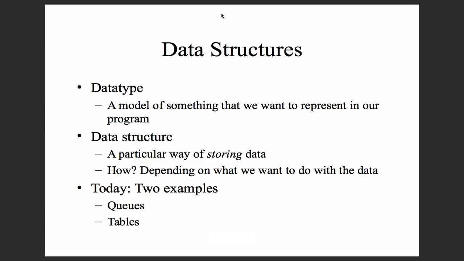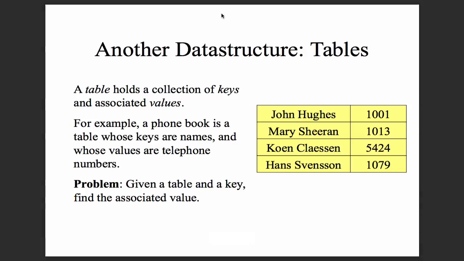So what do I mean by a table? Well, something we've talked about before. A table is a way of representing the association between two kinds of information. The information here in this table on the left, these are called the keys.